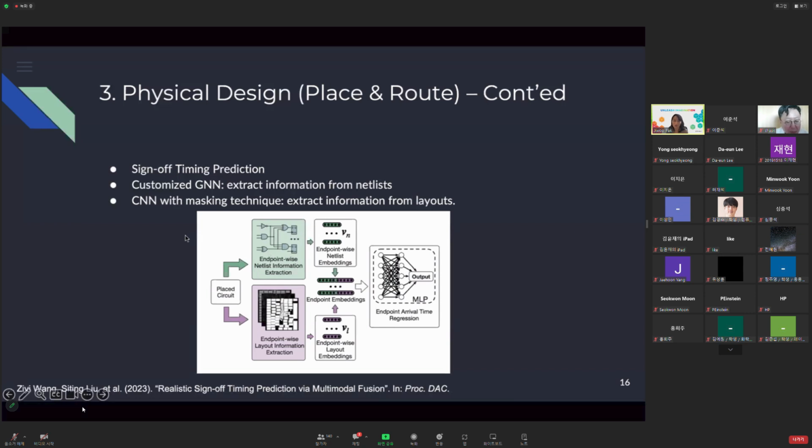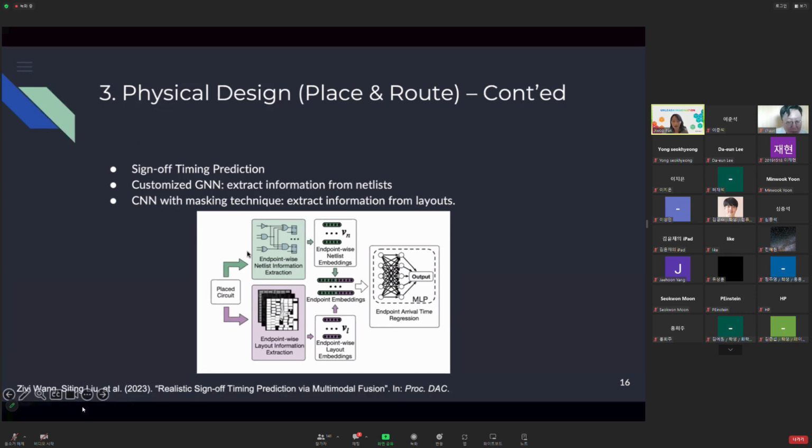Of course there are different strategies to boost up the electrons so they can speed up and arrive earlier. But then there will be a trade-off with power, how much power we will use to boost up the electrons, and then there will be the thermal issue and so on. So anyhow, there is this line of timing prediction.